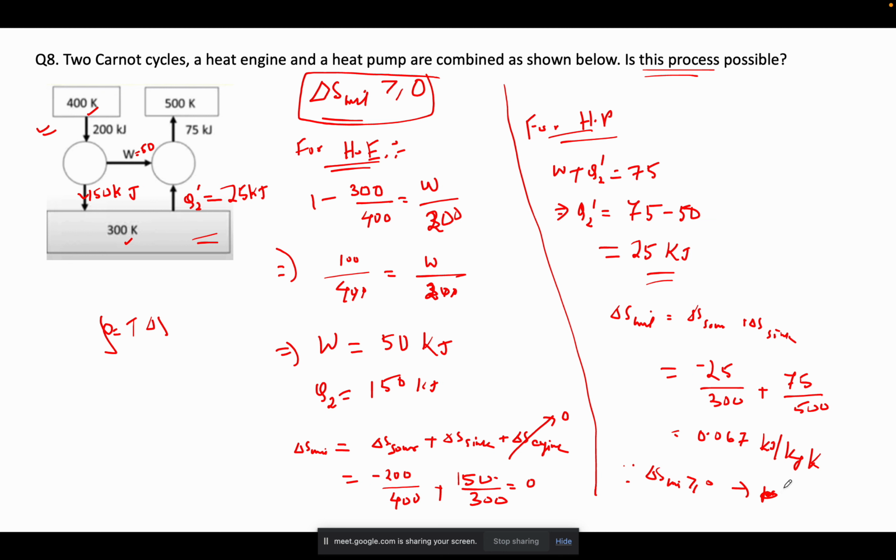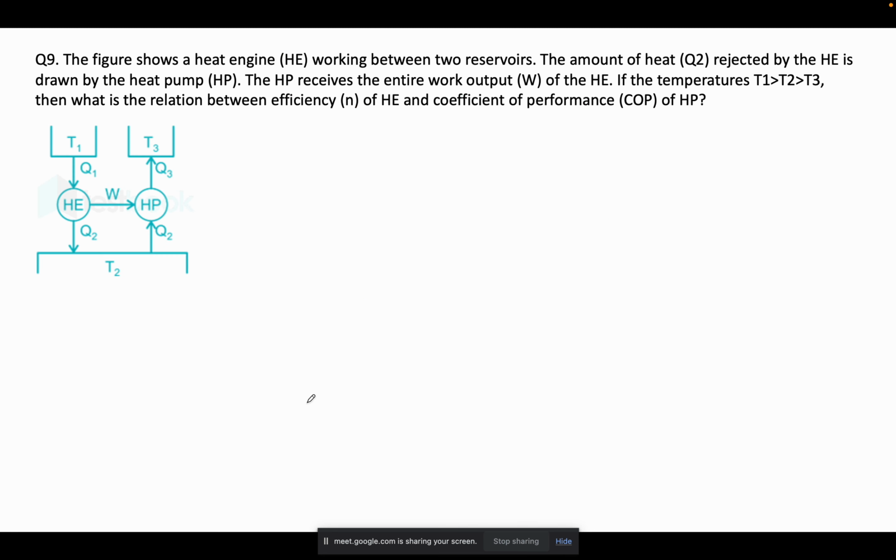So the entire combination is possible. Okay, then let us move to the next part.